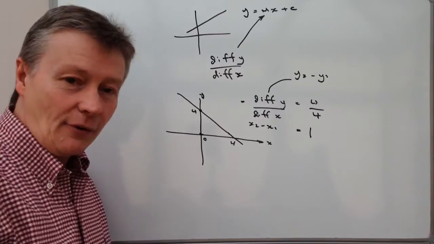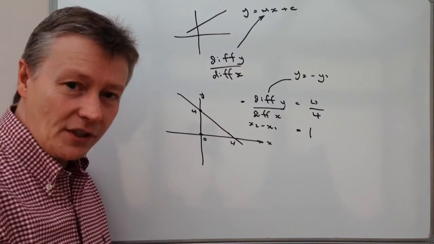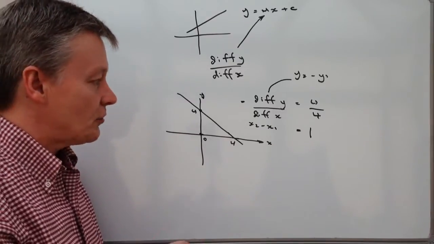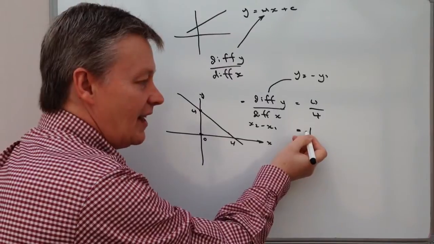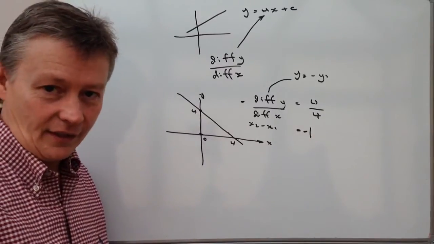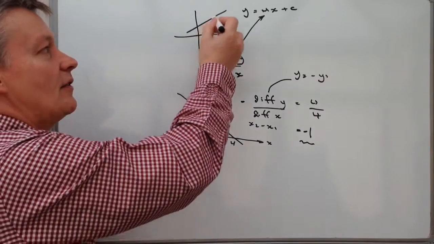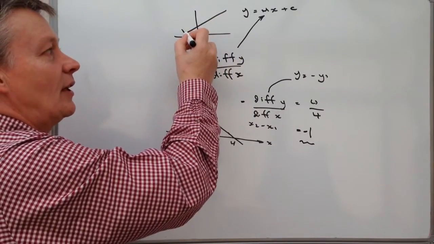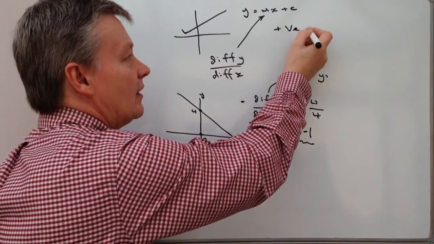Okay, for the purposes, however, of this type of investigation, what I'm going to suggest is that you just remember that if the line goes this way, it's a negative gradient, okay? It's -1. If the line goes this way, which looks a little bit like a tick, it's a positive gradient.